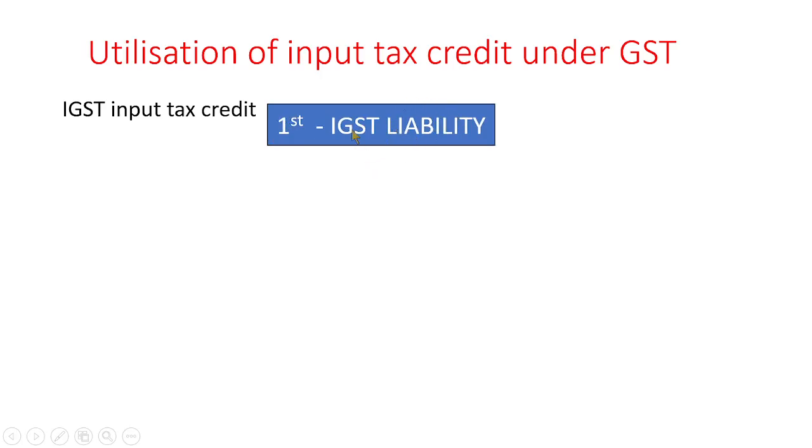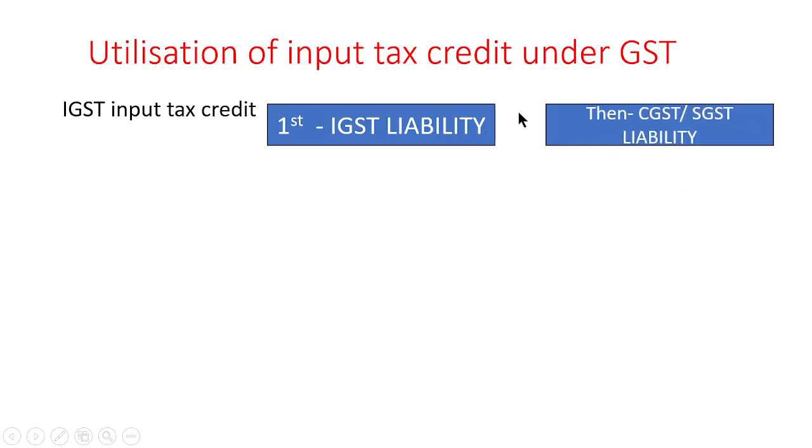So if you have IGST liability, you can set off IGST input tax credit against IGST liability. And if there is balance, suppose there is 1000 rupees input tax credit and 800 rupees liability, you can set off that 1000 rupees to 800. So balance 200 is there.